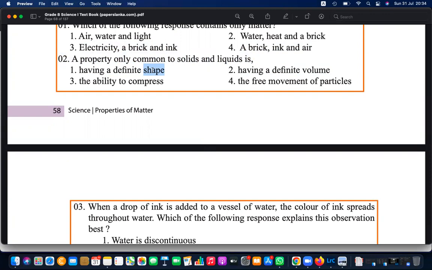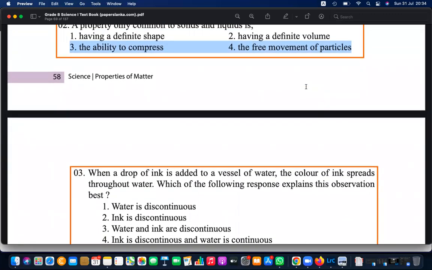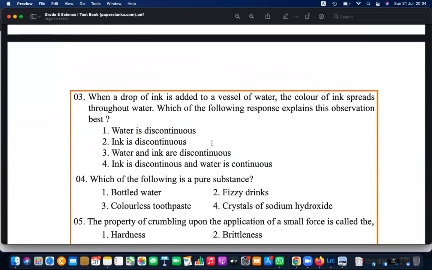Ability to compress? Actually, both are hard to compress. Having definite volume, yes. Free movement of particles, no. In solids, you cannot see any free movement of particles, right? Therefore, having definite volume is the correct answer.